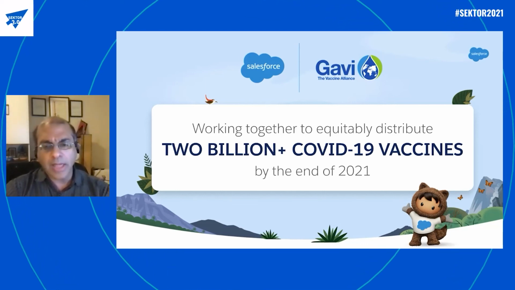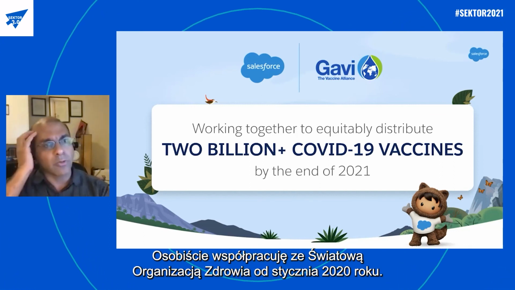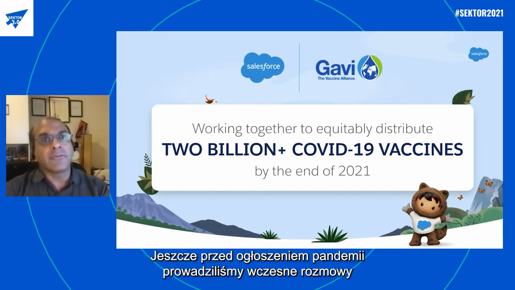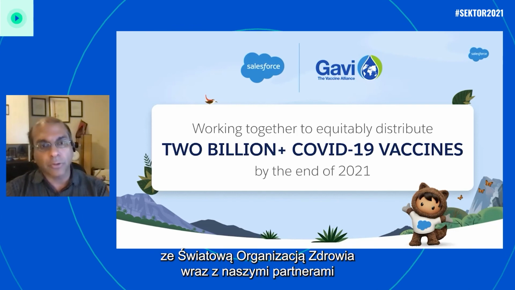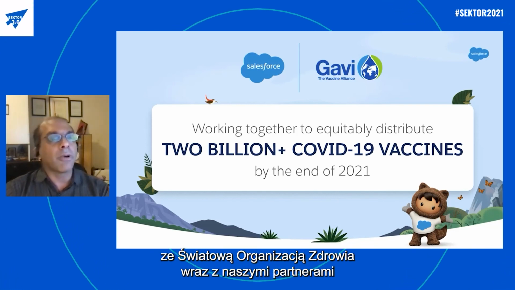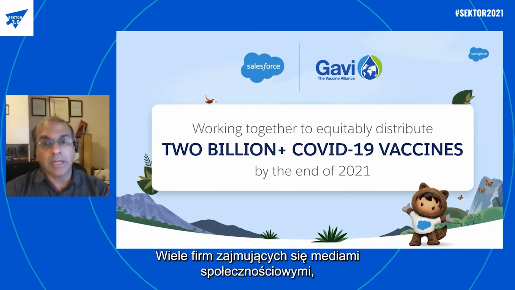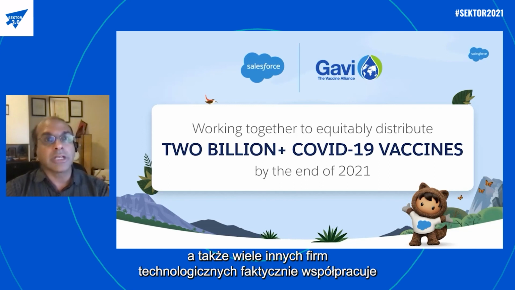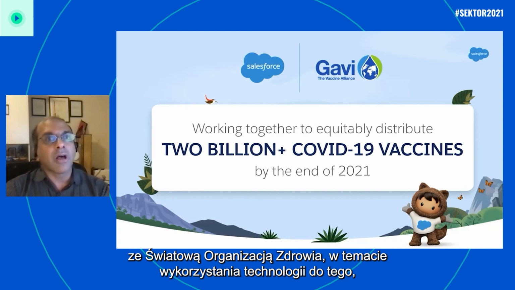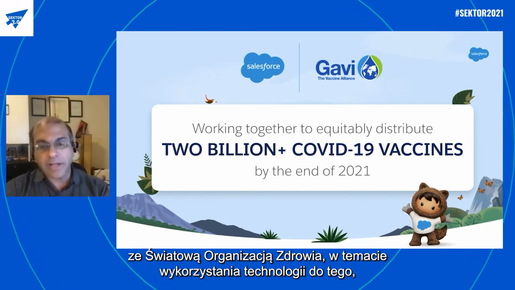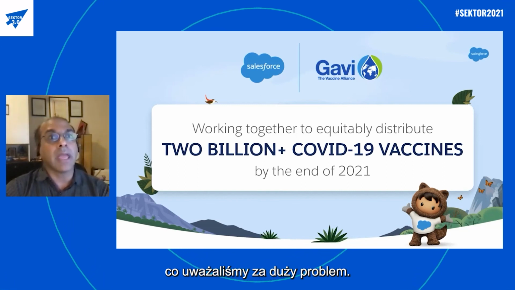And in fact, I have been working with the World Health Organization personally since January of 2020, even before the pandemic was declared. We were in early discussions with the World Health Organization, along with our partners in the Silicon Valley community, many of the social media companies, many of the other technology companies, to actually work together with the World Health Organization to talk about how technology could be mobilized for what we thought might be a big problem.